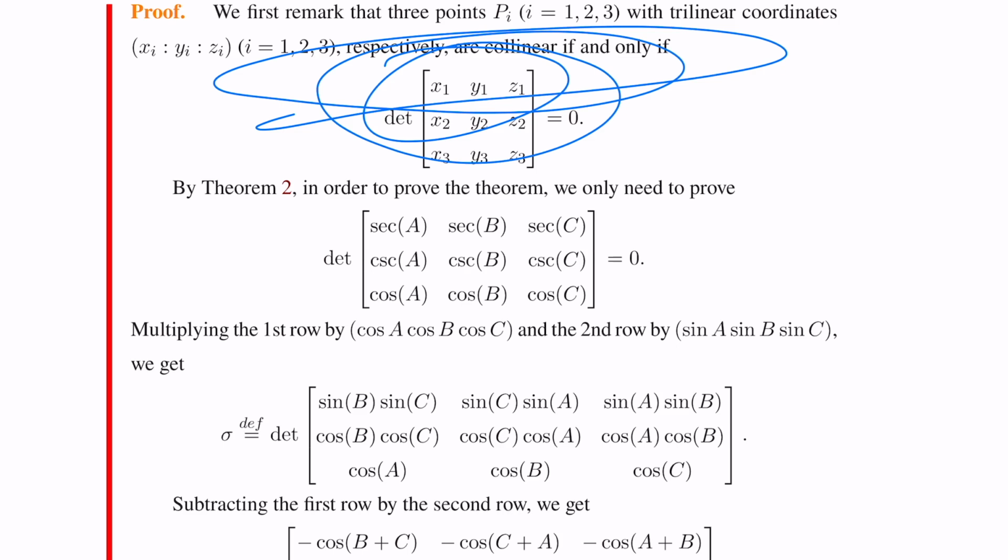Whether or not a determinant is 0 doesn't change if you multiply each row or each column by a non-zero number. So here, in the first row, I multiply by cosine A, cosine B, cosine C, and multiply each entry, and the first term will be sine B, sine C.